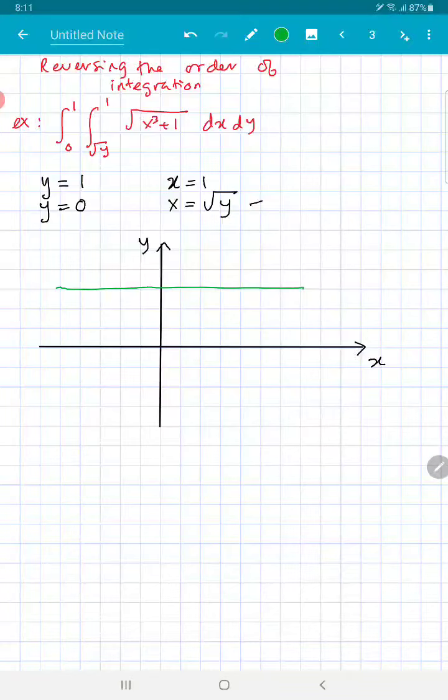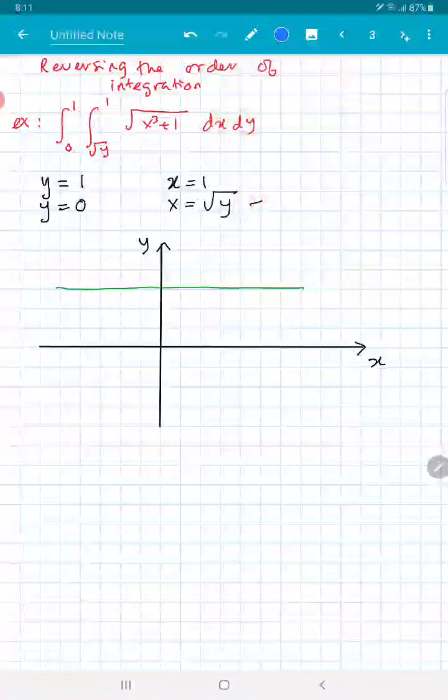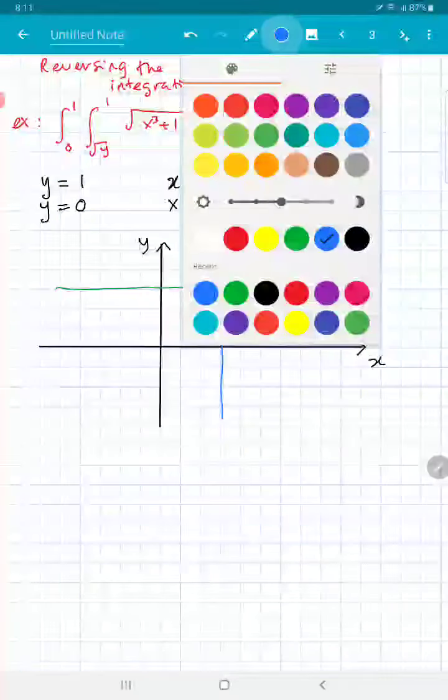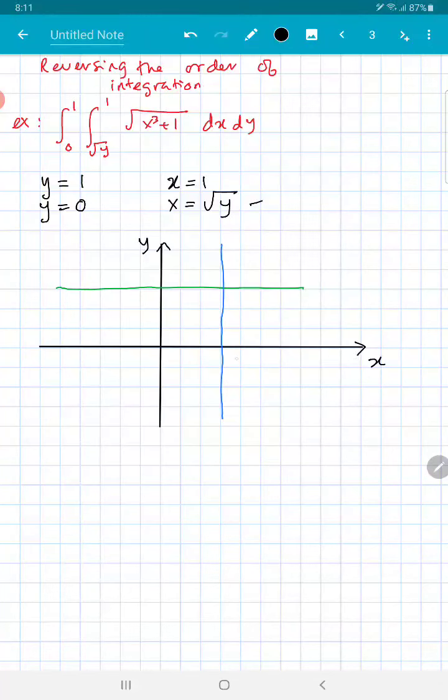Then we have x equals 1, that is a vertical line. So we have x equals 1, y equals 1, and y equals 0 is the x-axis.